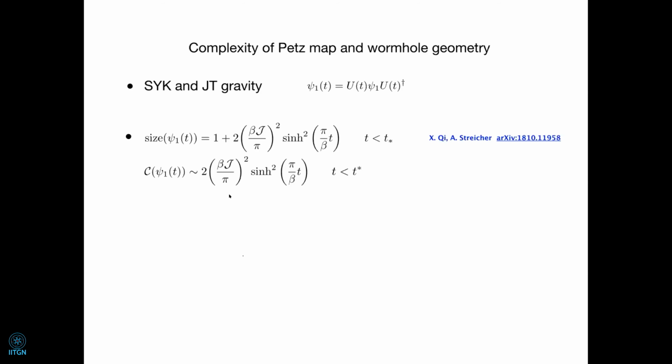After each circuit step, the tensor network gets larger, it gets longer. And the size counts the number of nodes in the last layer of the tensor network. And the complexity counts the total number of nodes in the tensor network.